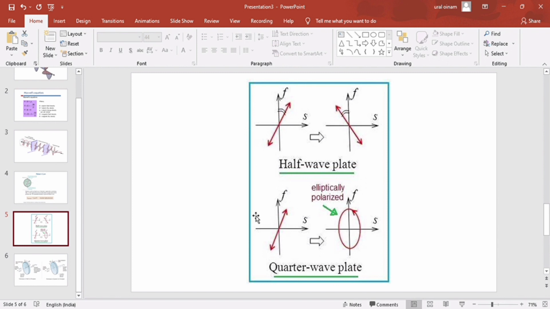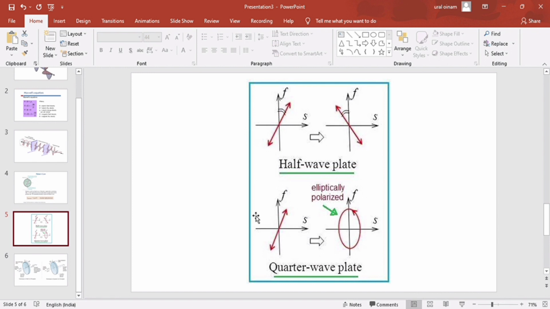When light with polarization falls onto the quarter wave plate, having an angle difference theta with respect to the fast axis, then the orthogonal part of this incoming light that passes through the slow axis will get a phase lag of lambda by 4, or we can say 90 degrees.